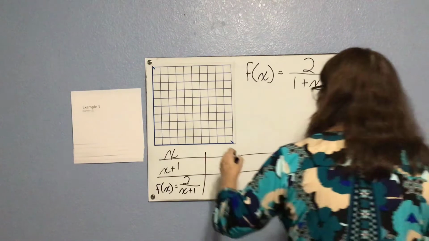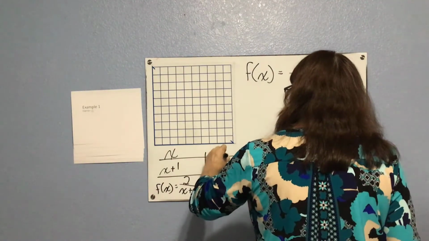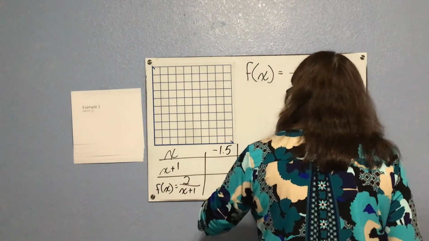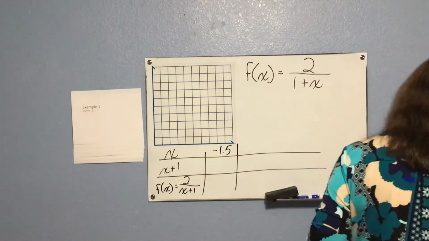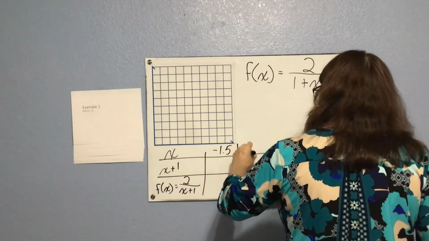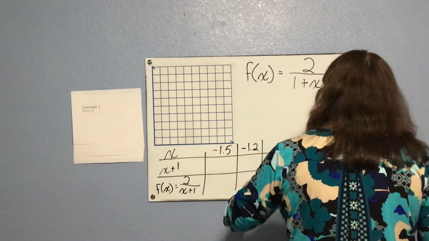So we'll start off with, I'm going to use some numbers that are a little bit closer together than I usually do.